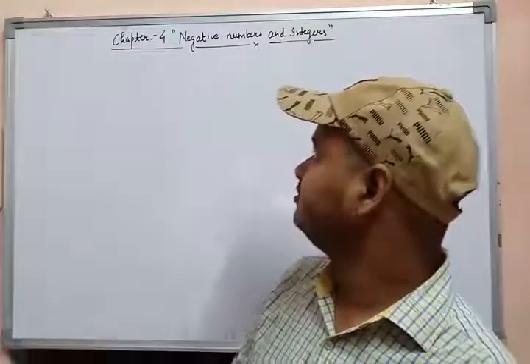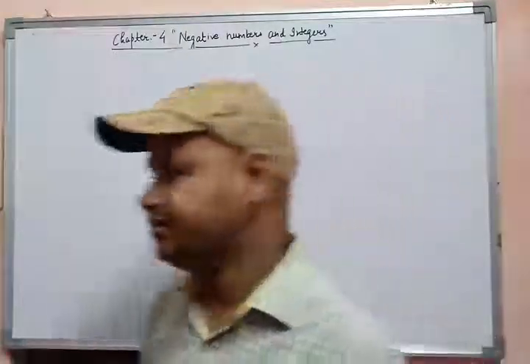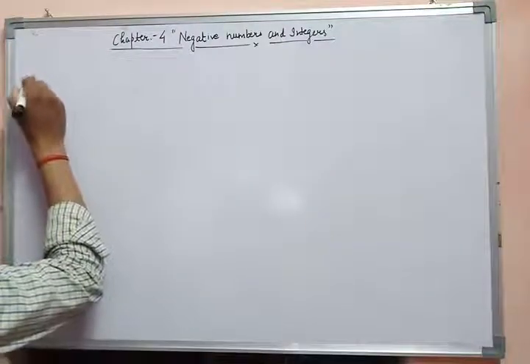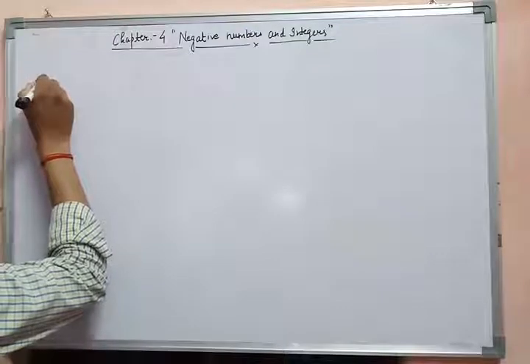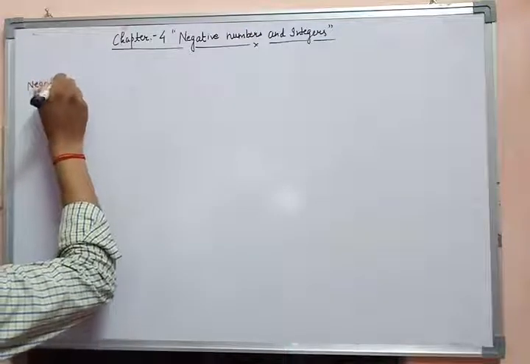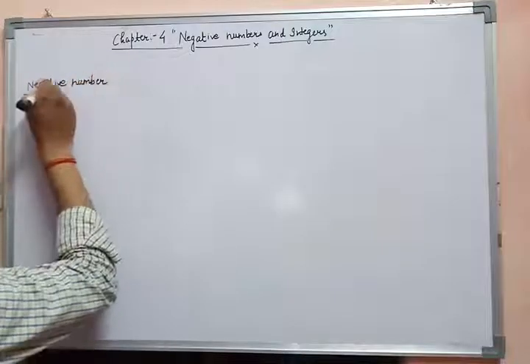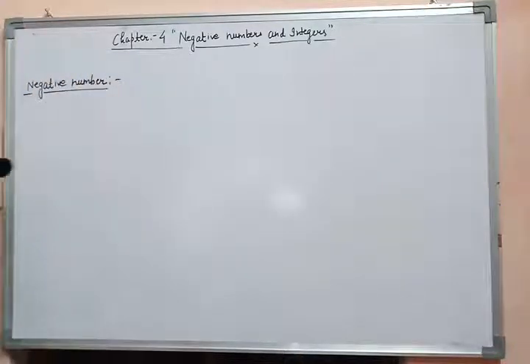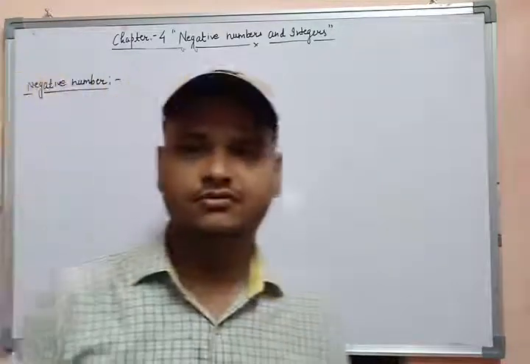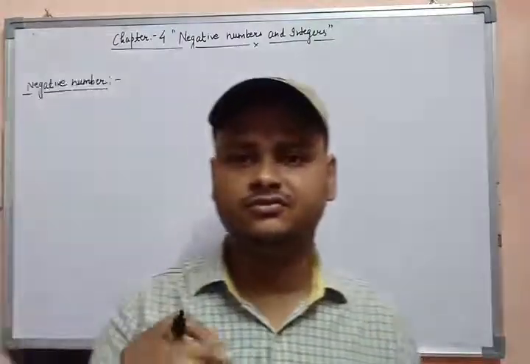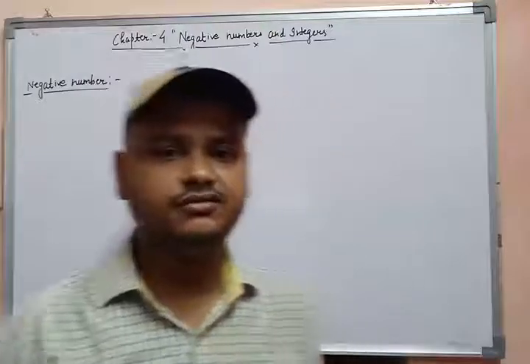The first concept is negative numbers. Negative number means when a number is smaller than 0, it is called a negative number.